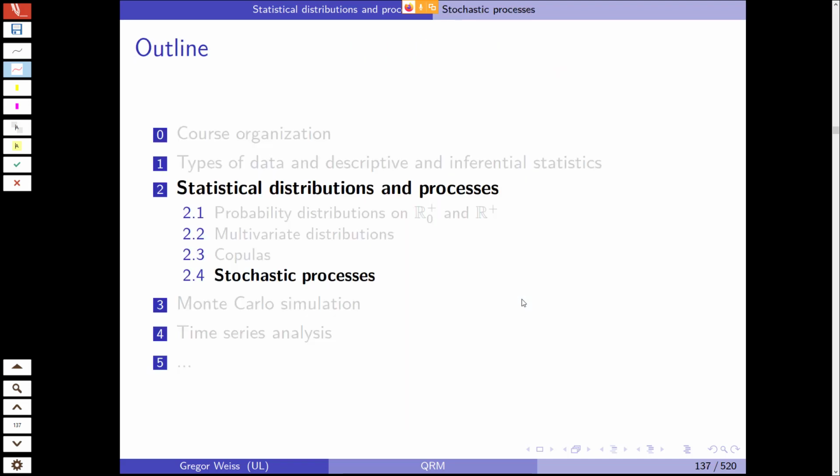Okay. So this is a very short introduction to copulas. Do you have any questions? Quite a lot of information to process. Someone is writing in the chat window, so let's wait for that.